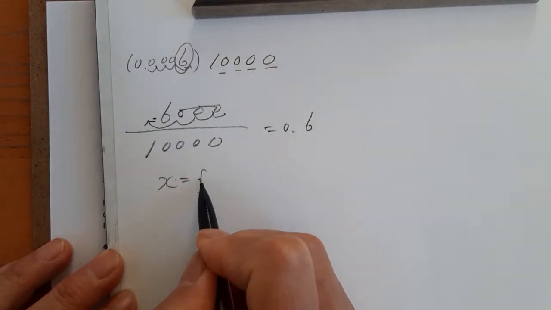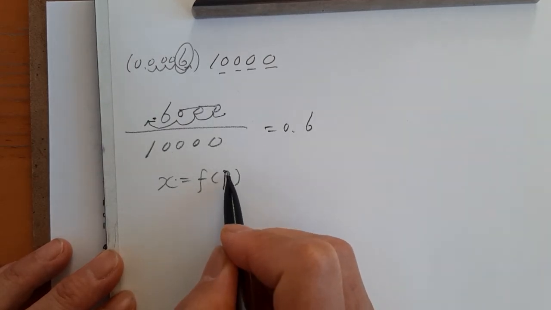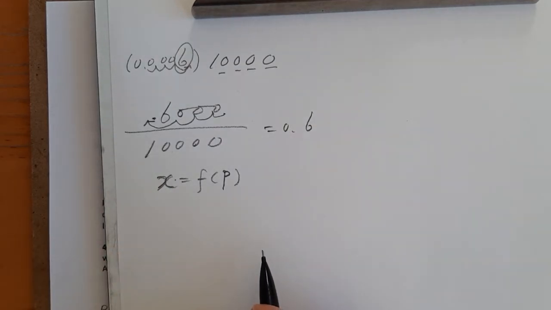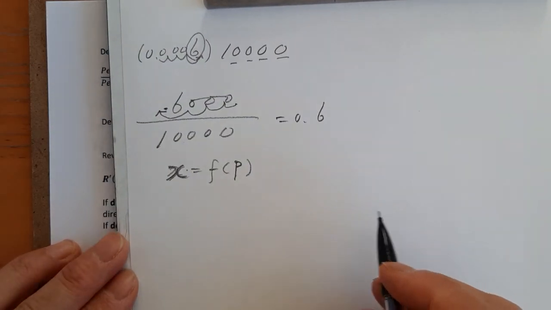X equals f of P. So if the price is P dollars, then how many units are demanded in the market?